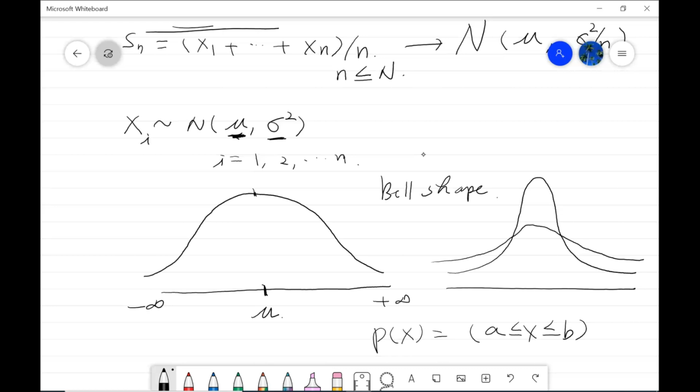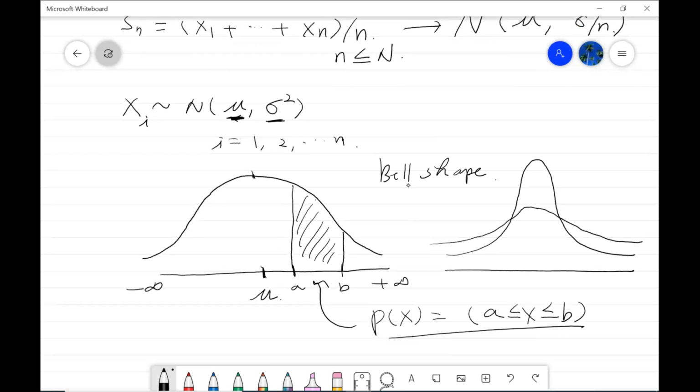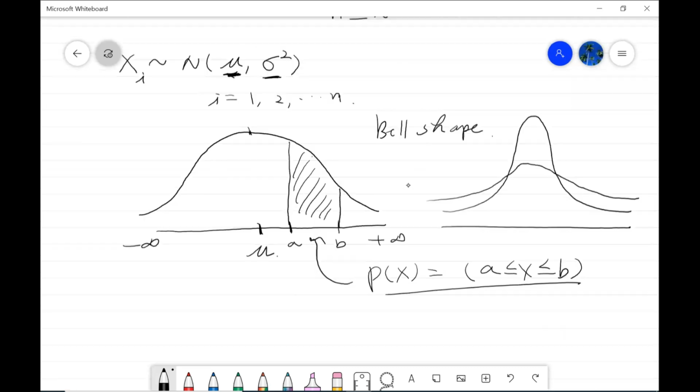Under the graph, let's say A is here and B is here. Then this indicates the area under the curve. That is this probability.